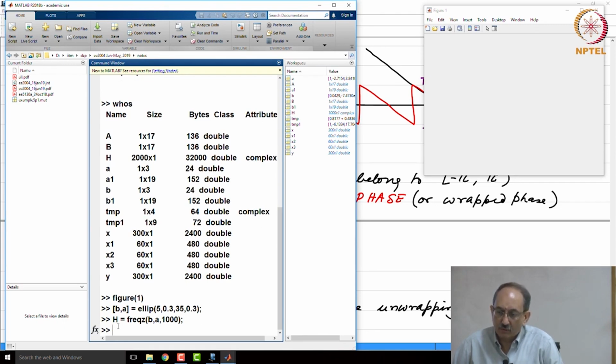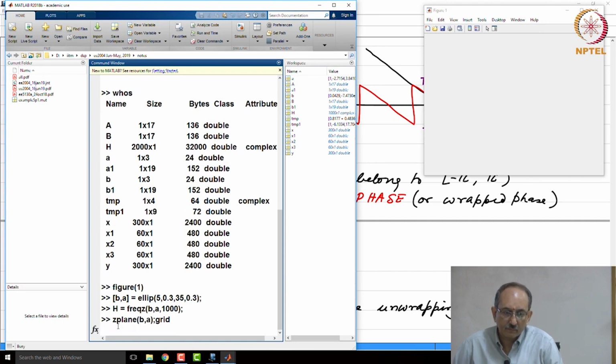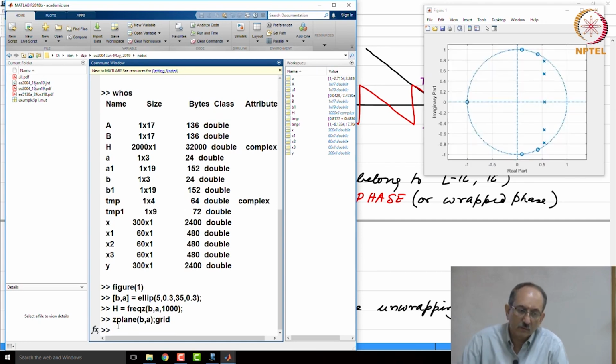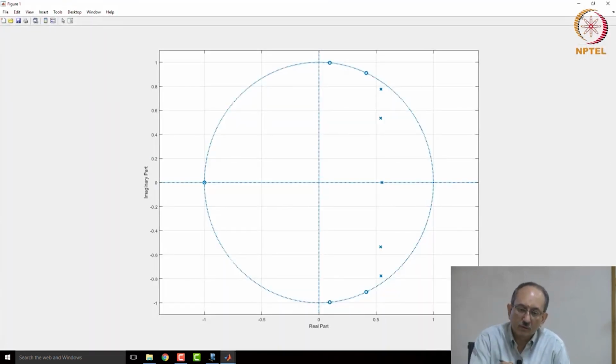Let me first show the pole 0 plot. So, this is the pole 0 plot. Therefore, you can expect when you go along the unit circle, when you hit this 0, you can expect a phase jump of pi.